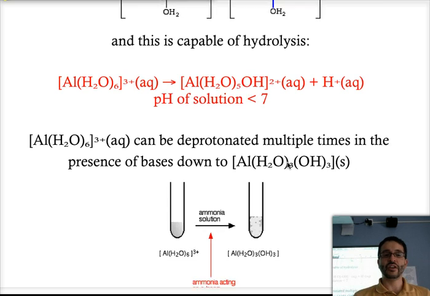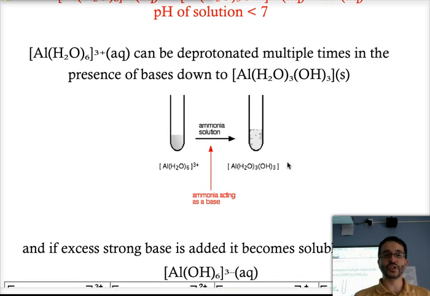Now this is just a small curiosity that I wanted to show you. You can continue to deprotonate the hexaaquo aluminum 3 ion by adding more and more base. Initially, if you deprotonate it 3 times, it's going to precipitate and form this solid.